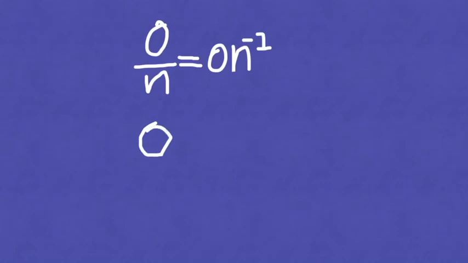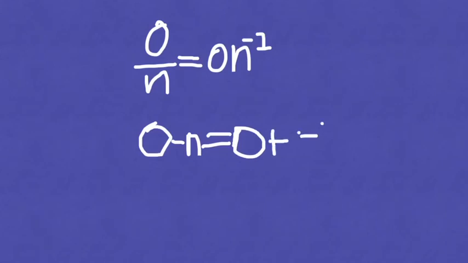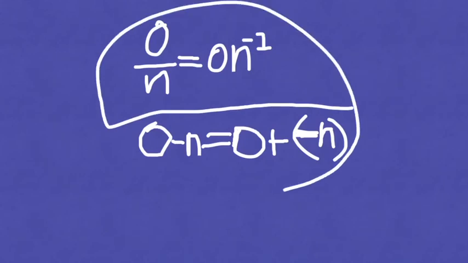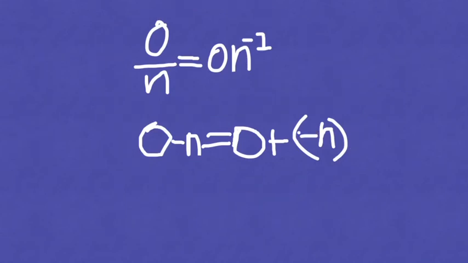And O minus n is just O plus negative n, right? It's just this. Division is a different version of multiplication, and subtraction is a different version of addition.